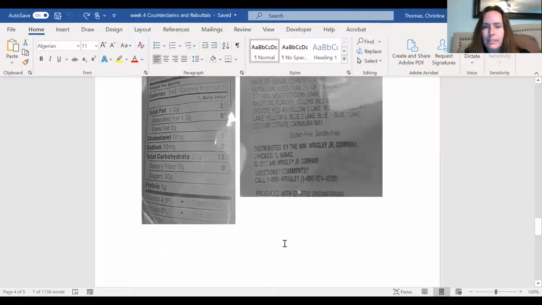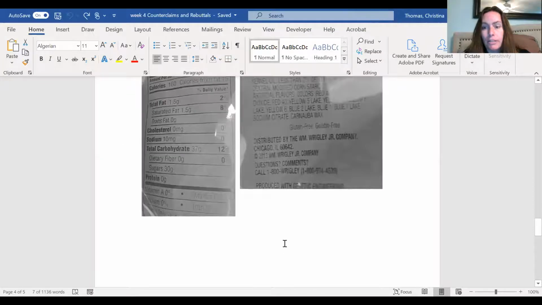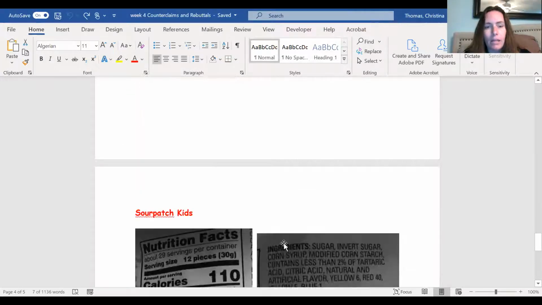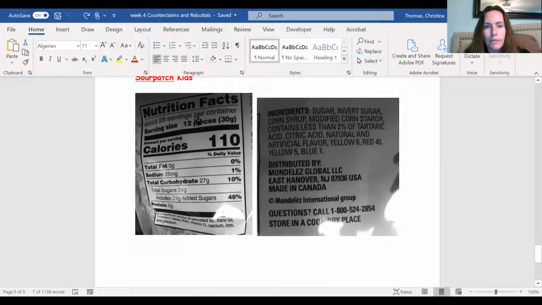And that it's like gluten-free and gelatin-free, okay? And it says produced with genetic engineering. Then Sour Patch Kids, here's the labels. It has how many servings per container, how many pieces and grams those are, calories, all the nutritional stuff, has the ingredients, lots of acid, store in a cool, dry place, okay?